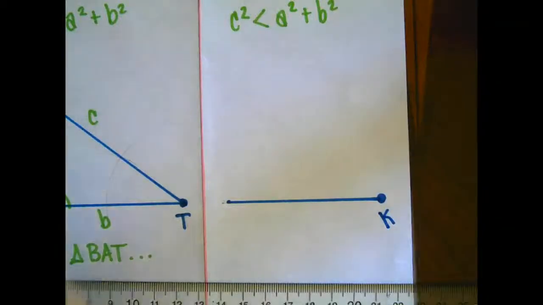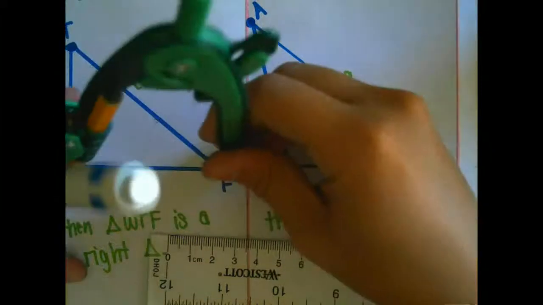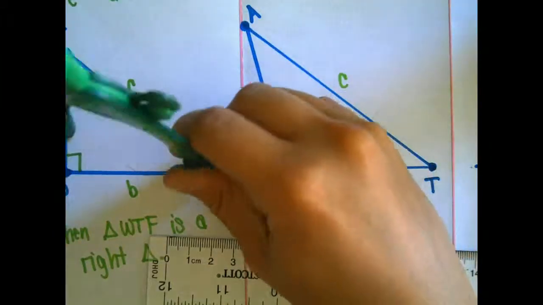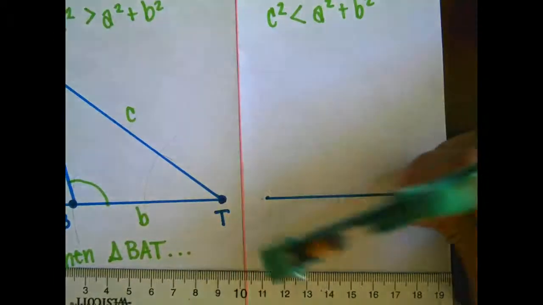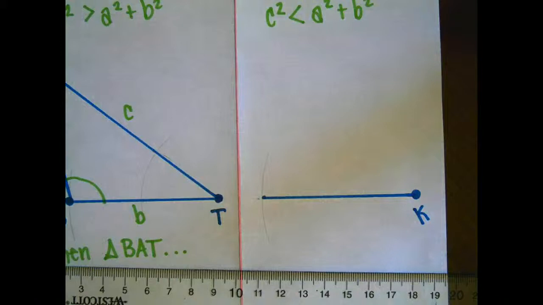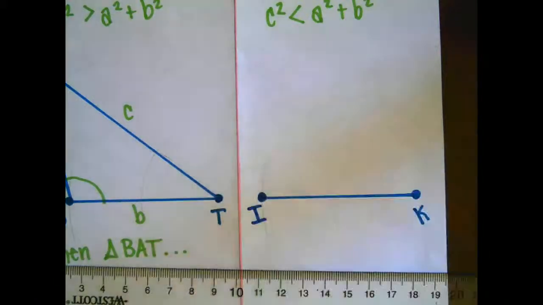Okay. I'm going to measure WF again. Take that same measurement over here. Ooh, looks like I got it right. I'm going to copy angle F again.